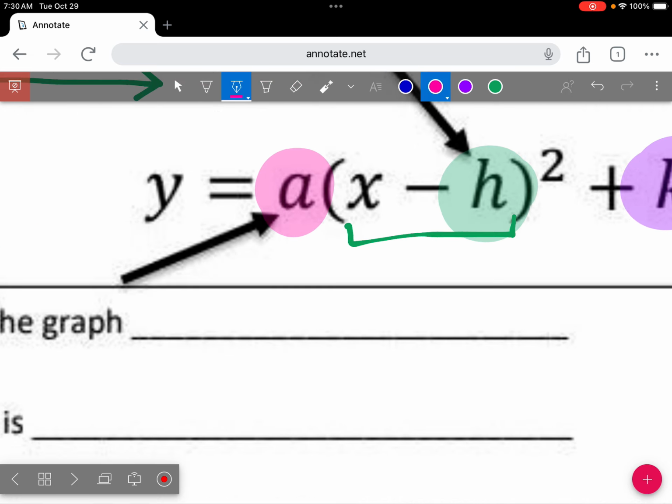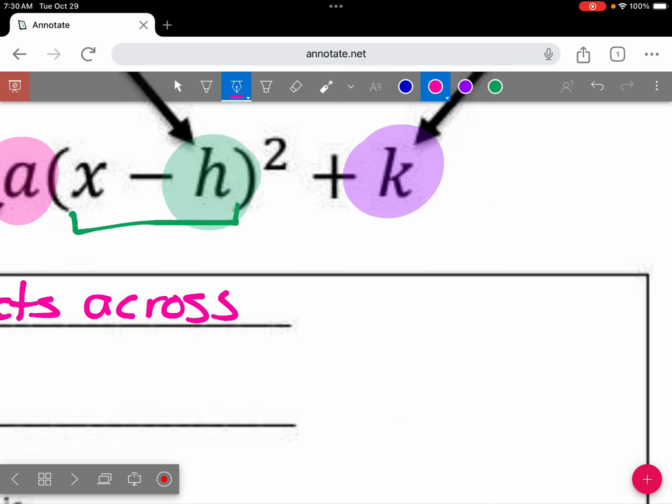So if A is negative, it reflects across the x-axis. And again, we're going to practice being specific. It's not going to come up this chapter, but it will come up later in the year to have other kinds of reflections, but it's not super common. But we're just going to be in the habit of being specific.